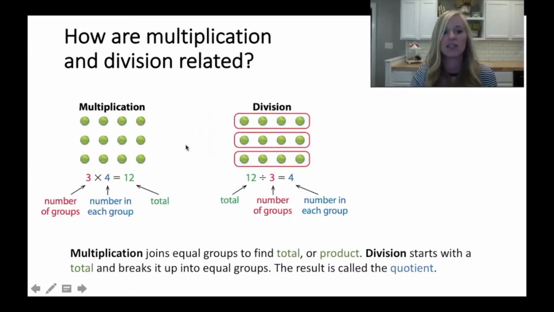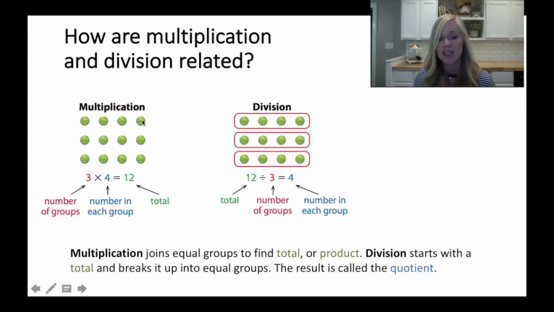Now what I notice is that we have 3 rows, and we can also say that we have 3 groups. The rows are representing those groups. And in each of my rows of tennis balls, we actually have 4 tennis balls, which would give us a total or a product of 12. So 3 times 4 equals 12.